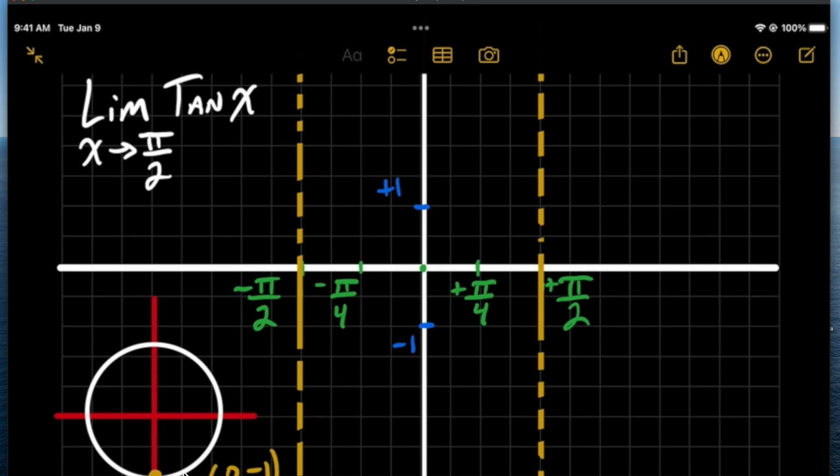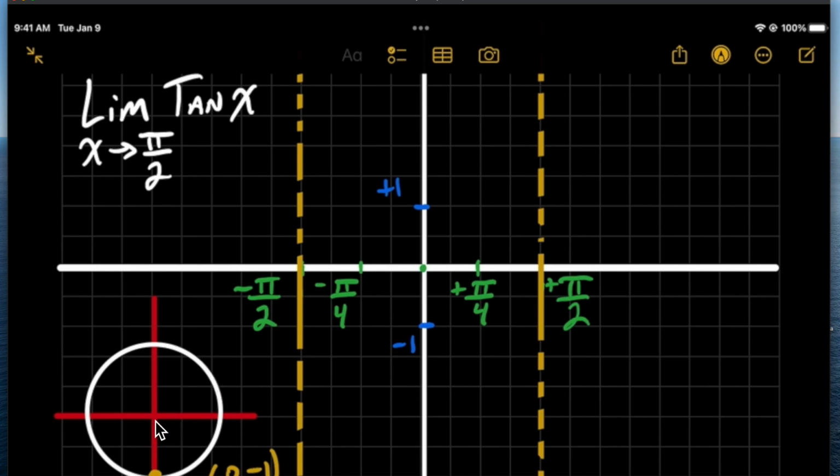The tangent is the sine over cosine, otherwise known as the y over the x. So with 0 in the denominator, this is going to be undefined. That is why there is a vertical asymptote at negative pi over 2.